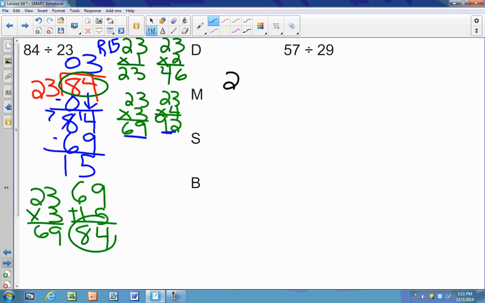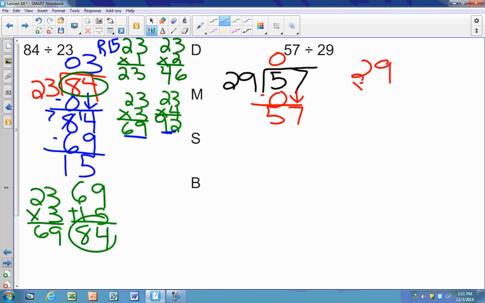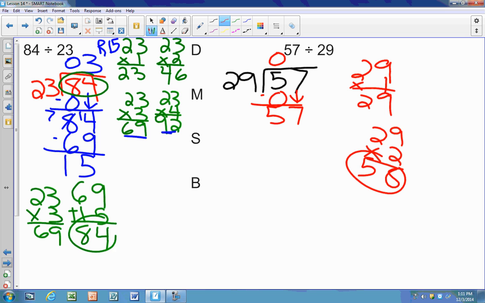29 goes into 57. Goes in 0 times. Looking at this, I'm going to do 29 times 1 on the side, which is 29. And then 29 times 2, which is 58. I see that this 58 is too big for that, so it can only be that it goes in 1 time, because I don't want to go over.